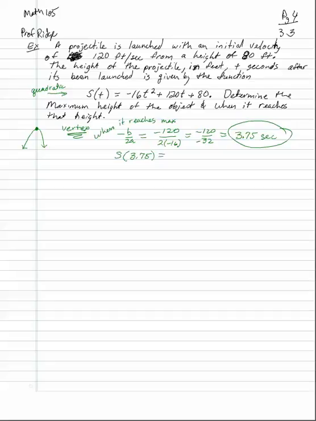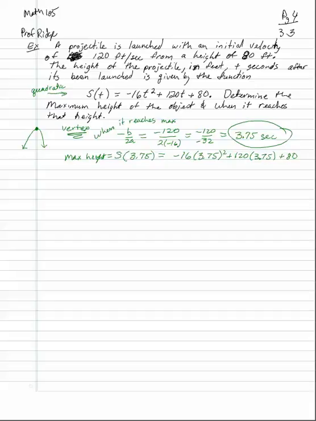And now we want to know what is the max height. Which will be negative 16, 3.75 squared plus 120 times 3.75 plus 80. Now this is a real equation.